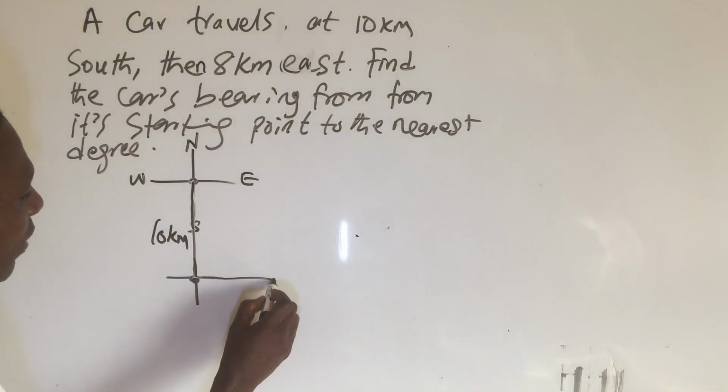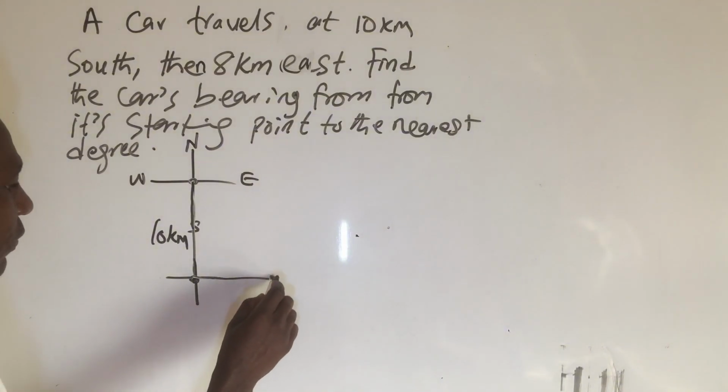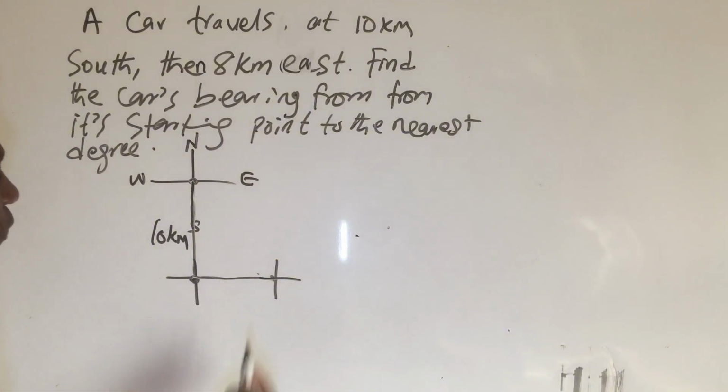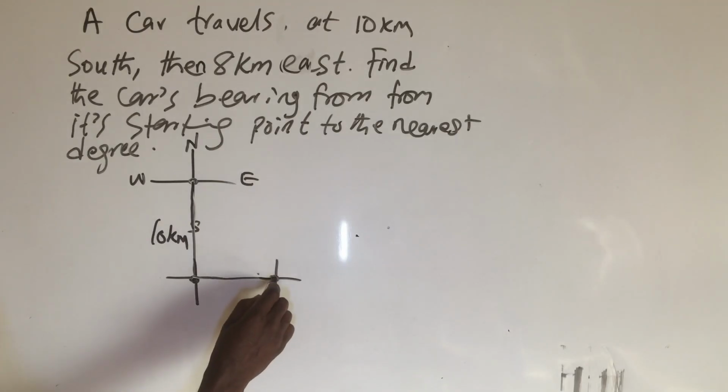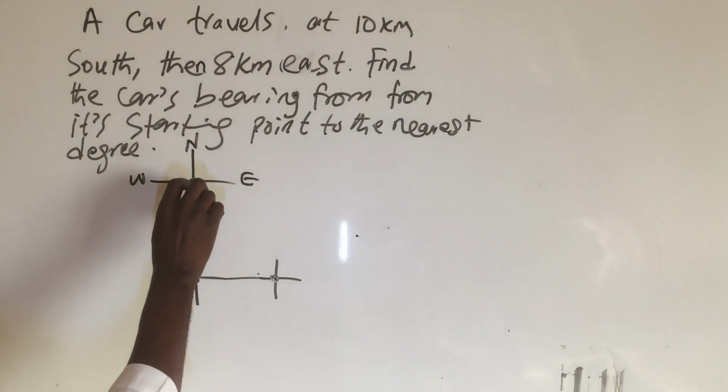This side is our east side, and stop. So, in order for you to solve this question, every bearing and distances question ends up with a triangle. We now complete our triangle in order for us to solve it.